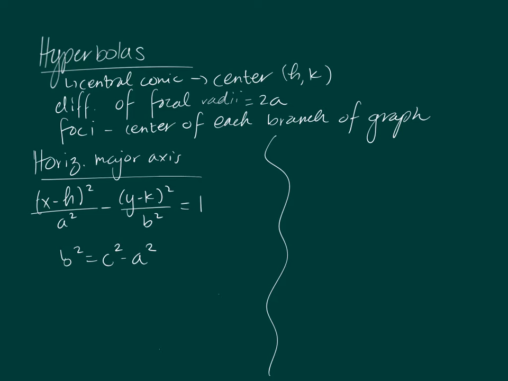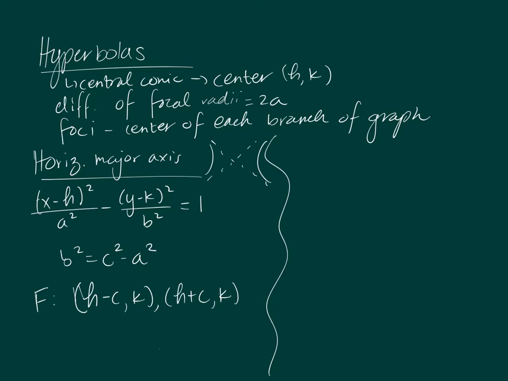And then its foci for a horizontal major axis are given as (h minus c, k) and (h plus c, k). Okay, and on a horizontal major axis, you have asymptotes and then the hyperbola branches there.